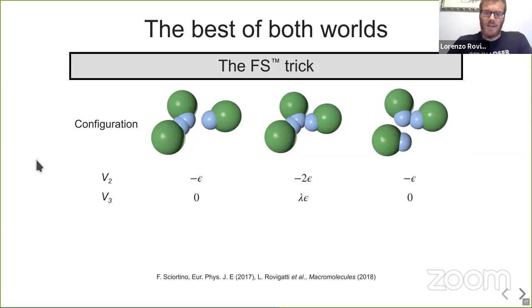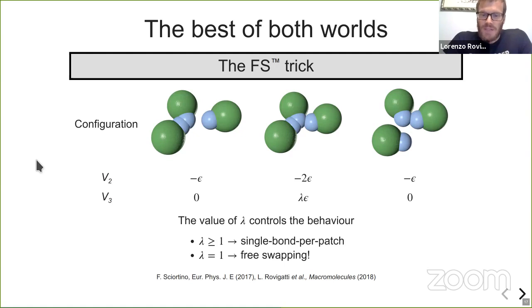So what happens is that everything is controlled by lambda. If lambda is larger than 1, you see that it's not energetically favorable to have triplets. So this is a single bond per patch condition. So you will repel any other patch that comes in. However, if you use lambda equal to 1, then all these three configurations would give out the same energy.